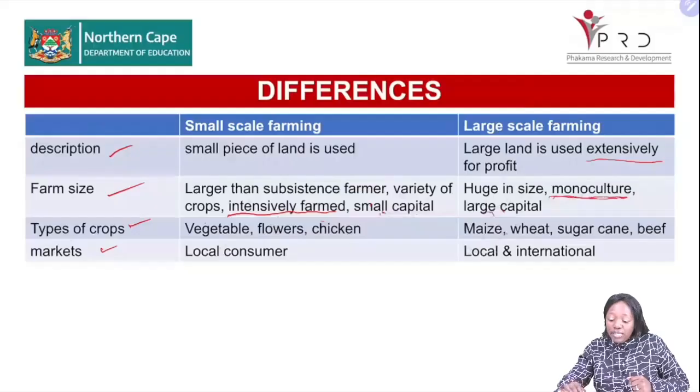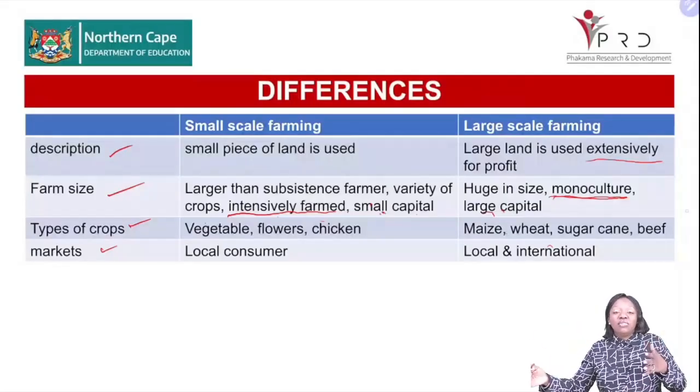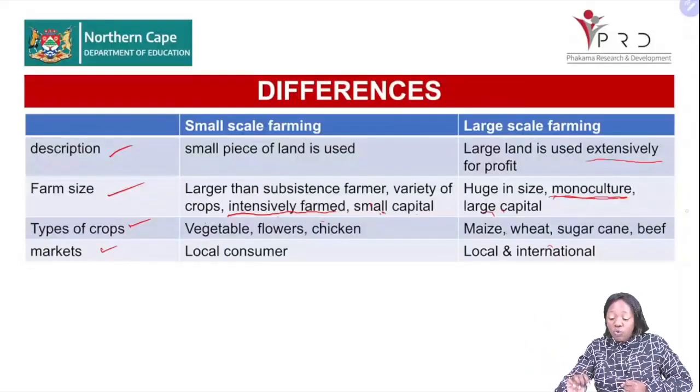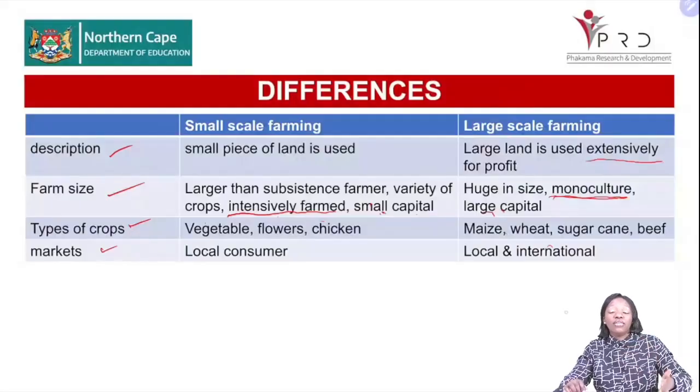If not maize, they can have the wheat. If not the wheat, they can have the sugar cane or the beef. Why? Because they are in business, so they are thinking for the local as well as the export market. So hence they are only focusing on one thing in the large area so that they can be able to make that profit.